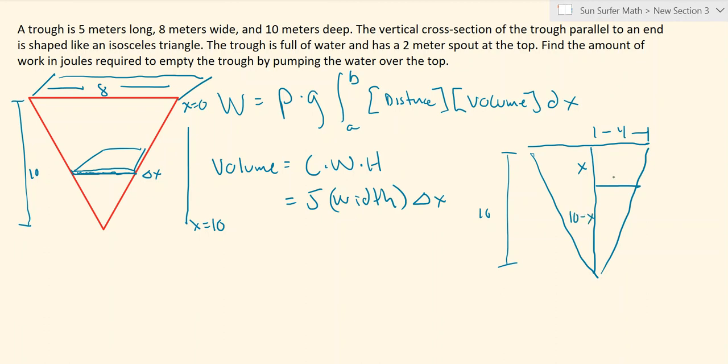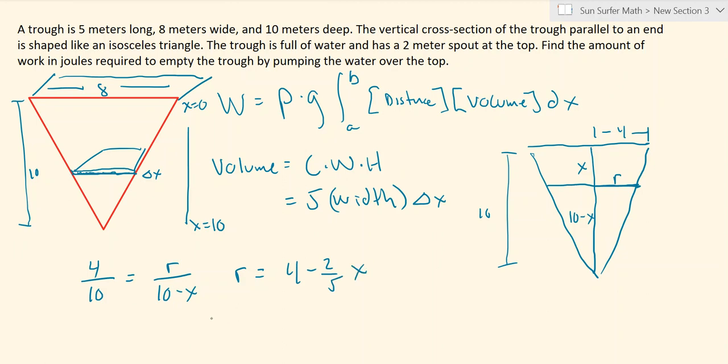And I'm just going to call this r. It's not really a radius, but r is going to be 1/2 of the width. The width is going to be this entire distance across here. So r, to calculate that, we are going to create a proportion. 4 is to 10 as r is to 10 minus x, which becomes r is equal to 4 minus 2/5 x when we do some cross multiplying.